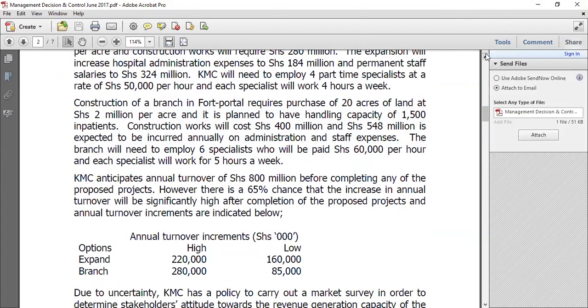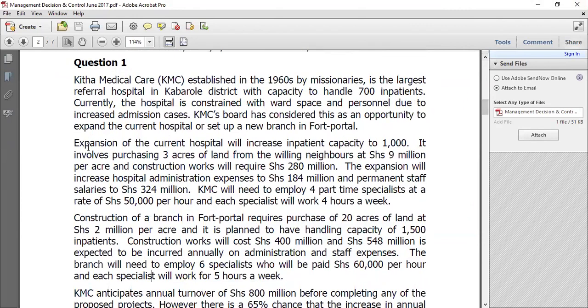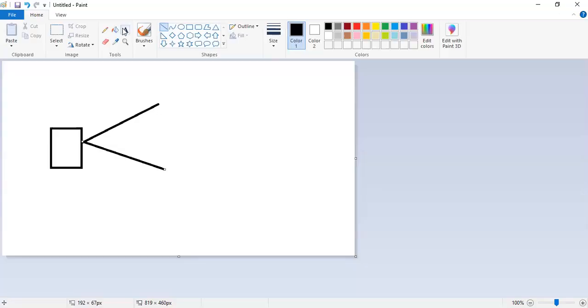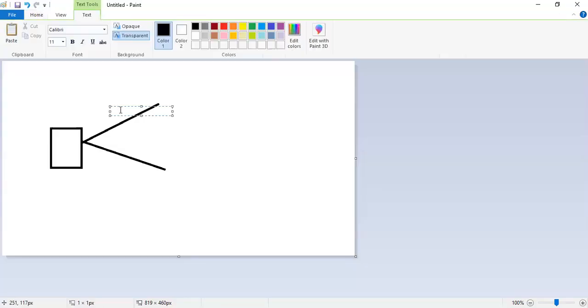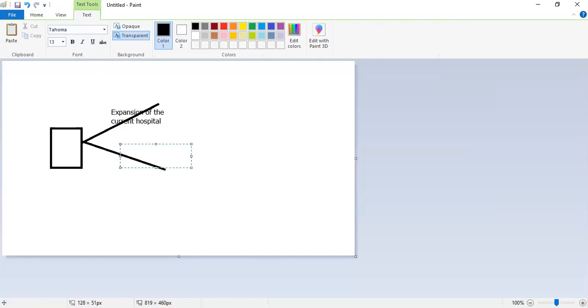So let me just try to, so I want to have that one there, and then I want to have another one here. We just copy.